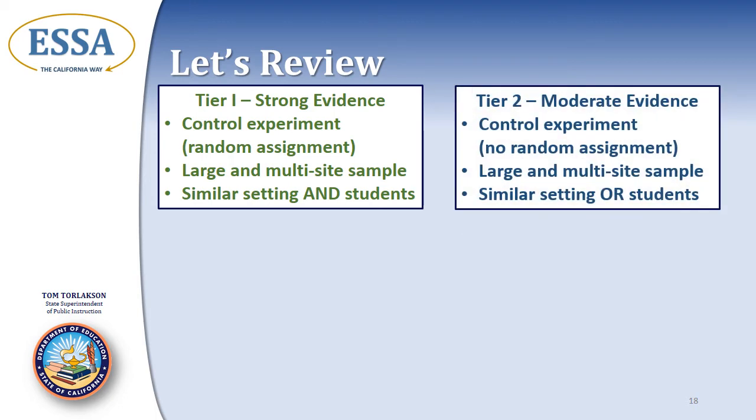Moderate evidence also involves a control experiment but does not have random assignment. This is the key distinction between strong and moderate evidence. Studies that present moderate evidence must also engage a large and multi-site sample and should be conducted in a similar setting or with similar students.